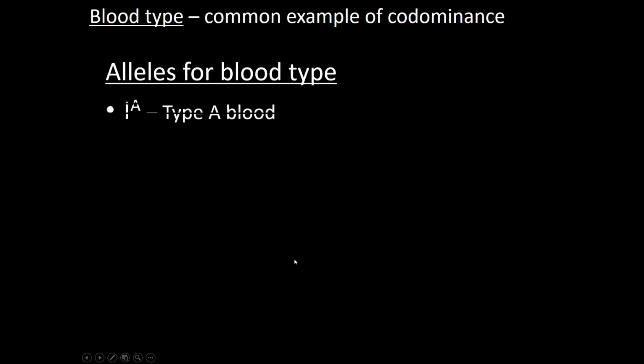The first is I, superscript A. If you have IA, that gives you type A blood, because this allele, a specific version of a gene, gives you that triangle protein that goes on the surface of the red blood cells.